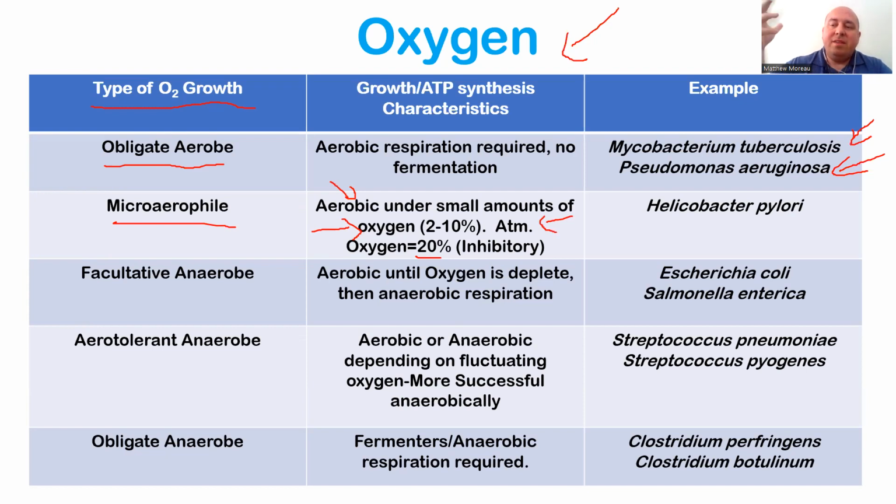So there's got to be some oxygen, but not a ton. One really good example of this is Helicobacter pylori. Helicobacter pylori is a pathogenic microorganism that is typically commensal in most people, but it lives inside the stomach. So the stomach is not extremely aerated, but it does have some aeration because of the function of stomach acid and churning and the need for oxygen to exist to produce mucus inside of the stomach lining.